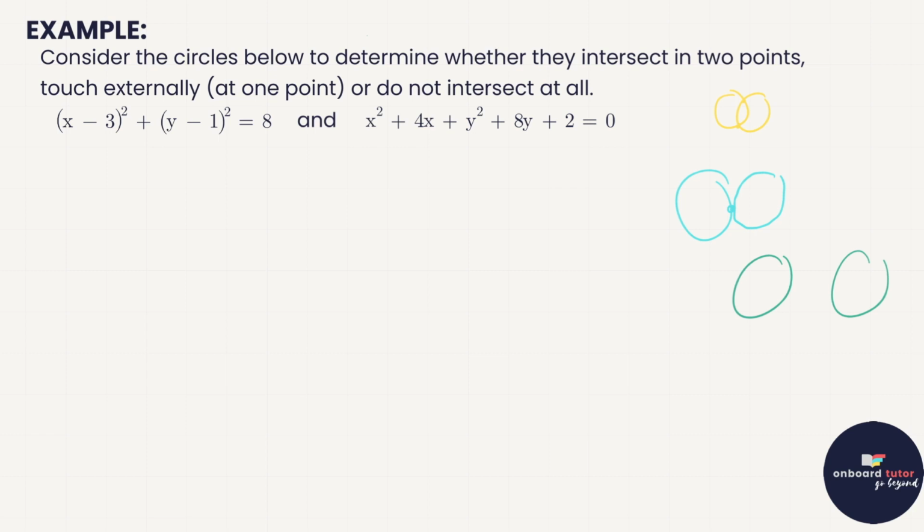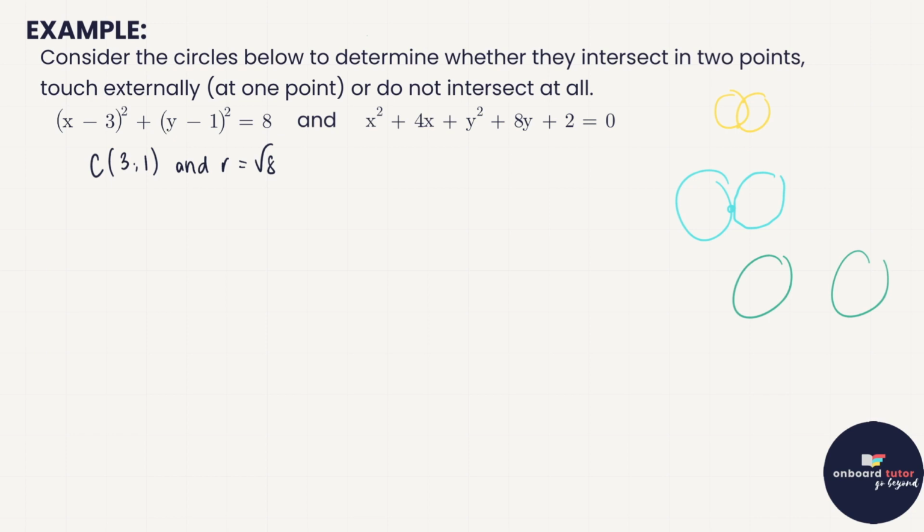And the way that we need to work and approach this is by looking at the formula. So if we look at the first circle here, we can see that the center is going to be 3 and 1, because we're going to take those coordinates there, and then the radius is simply the square root of 8, because it's A, B, and R squared on that side.